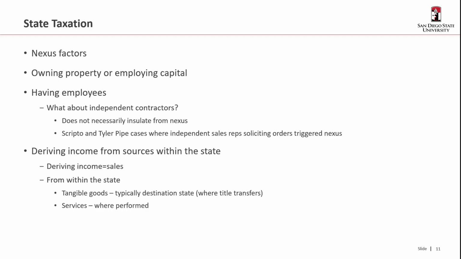So if I put something on one of my trucks in Oregon and I deliver it to a California customer in California, the destination state would apply. For services, we typically think of income as being sourced from where those services are performed. There's a number of difficult measures about whether it's more than 50% in one state or where the benefit is derived. That's beyond the scope of this course.